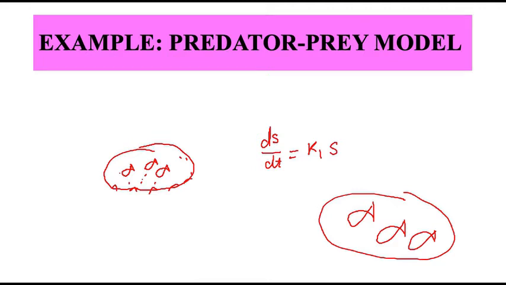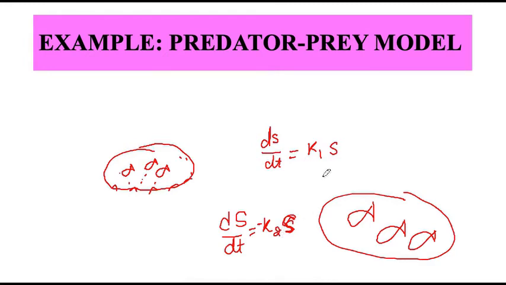And if there are no small fish for them to feed on, it is natural that all of them will die out. There is no food, so the fish go on dying. I will model this as d capital S dt equals minus K2 S. This is capital S.